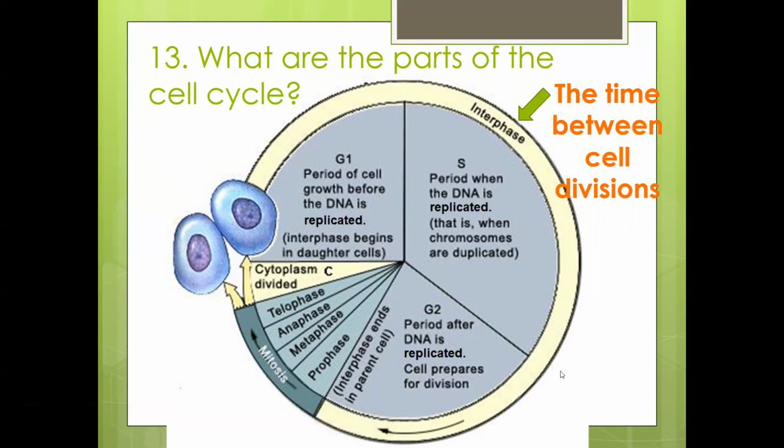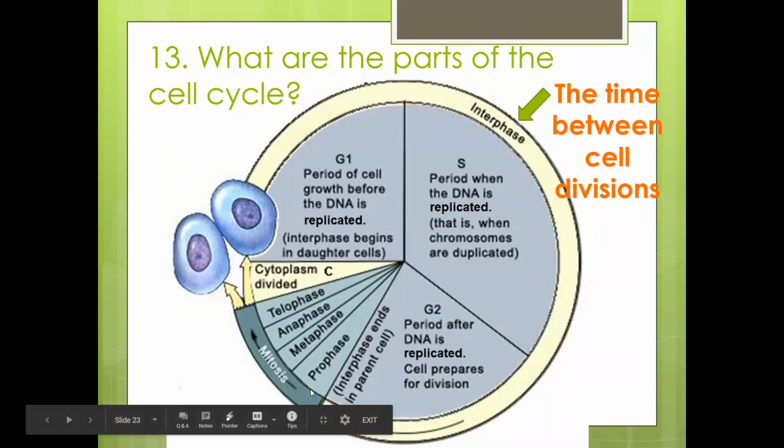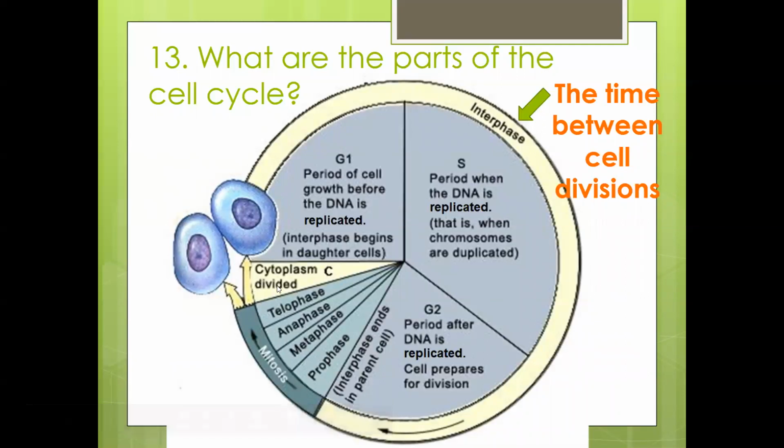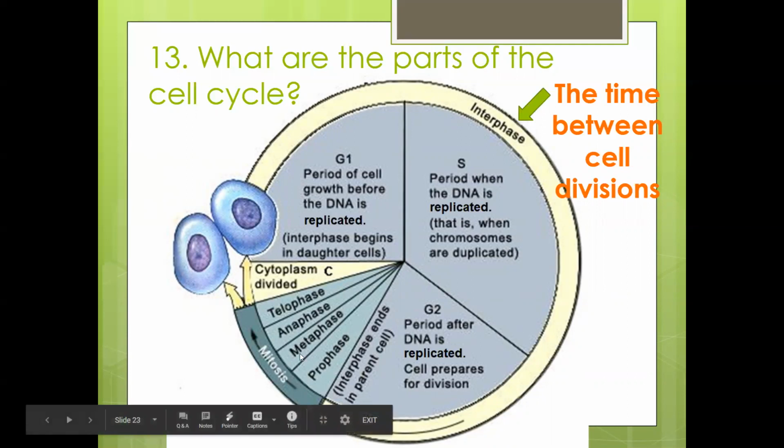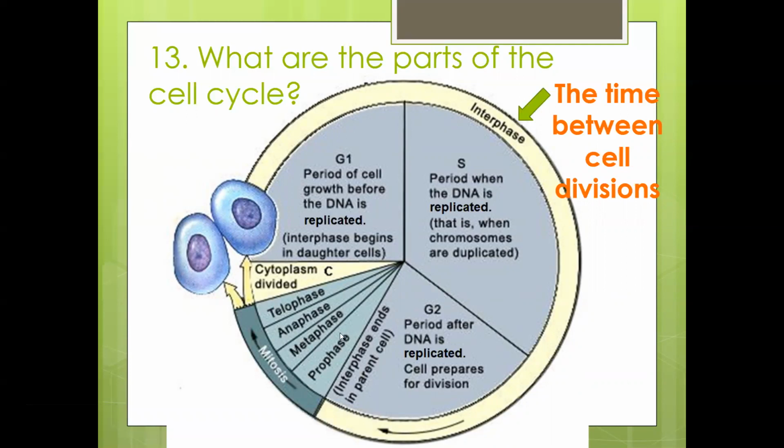Because remember, there's not just DNA in your cells, there's ribosomes, there's endoplasmic reticulum, there's Golgi complexes, there's a bunch of stuff in there that needs to prepare for division as well. And then after the G2 phase, then you actually have the active dividing, or mitosis, which is split into prophase, metaphase, anaphase, telophase, and then finally cytokinesis.